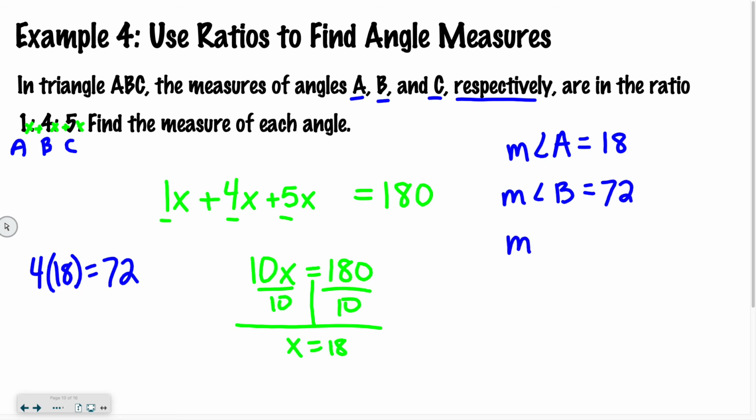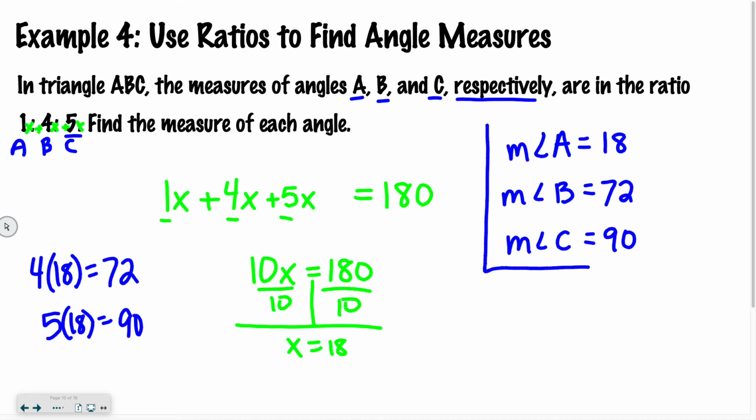And the measure of angle C equals 5 times 18, which is 90. Then I can test that out: 18 plus 72 plus 90 equals 180, so I know I solved it correctly. That is how you set up a ratio problem and solve it.